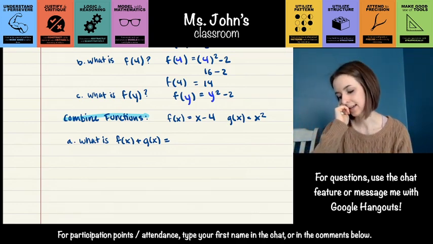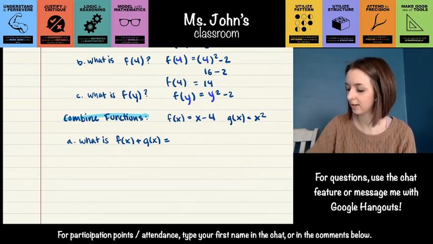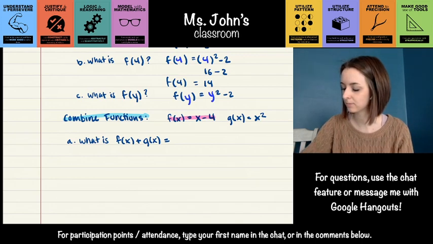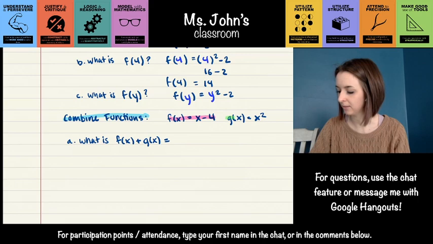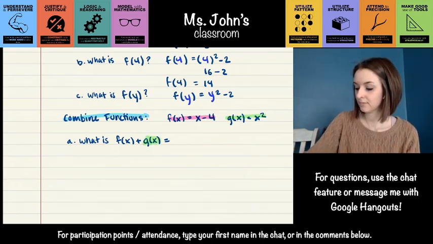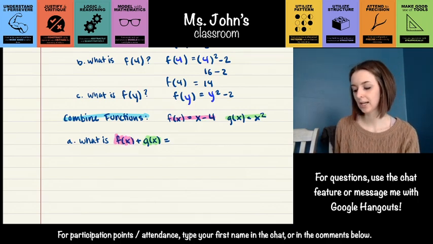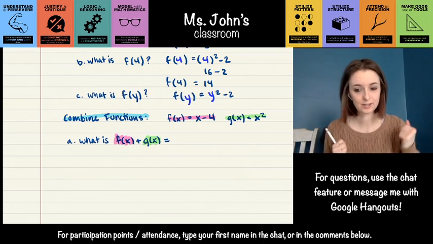So in this, we're just replacing, let's do some creative highlighting here. So we're going to make this pink and this green. I hate pink and green together, but I'm going to make an exception. So notice that in that f of x plus g of x, we just have two functions here. We have the f of x function and the g of x.